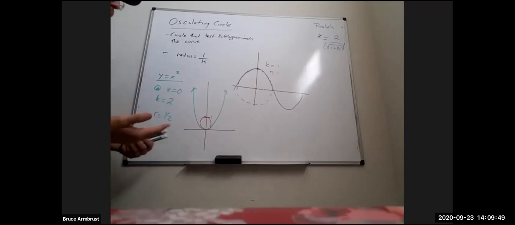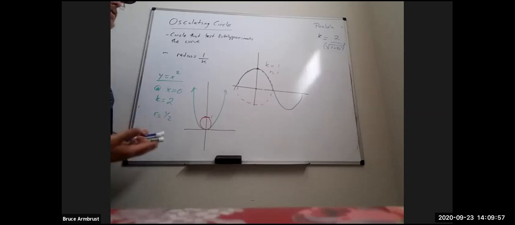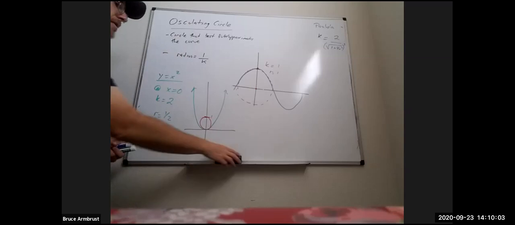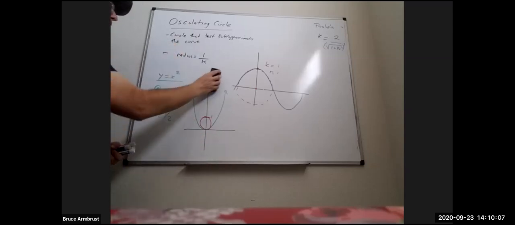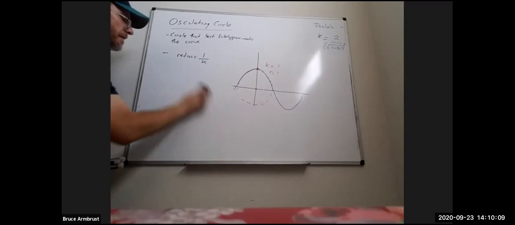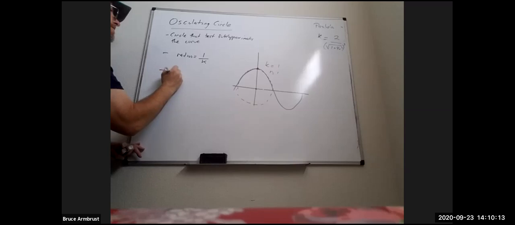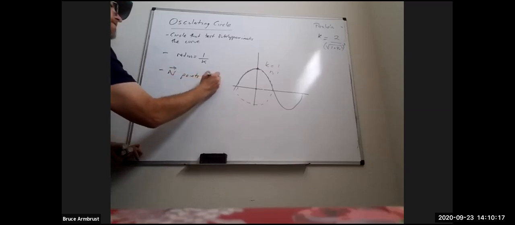And if you recall last time when I talked about n, that principal normal vector, we know that principal normal vector always is pointing towards the center of these curves. So it's actually pointing towards the center of these osculating circles. So I'm going to put that down on the list here under where I wrote radius. We also know that n points toward its center.